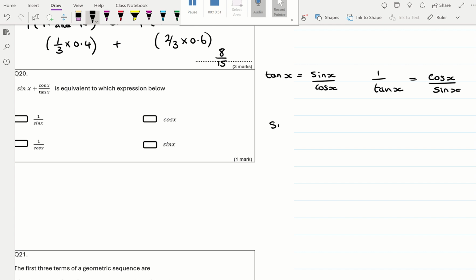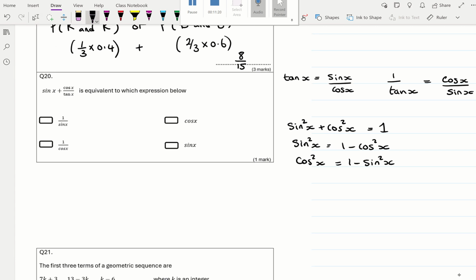And the other identity is sine squared x plus cos squared x equals 1. But also you need to remember that sine squared x is 1 minus cos squared x, and cos squared x is 1 minus sine squared x. And you need to know that, not just for this question in the practice, but for the question in the final assessment. So it says sine x plus cos x divided by tan x is equivalent to which expression below?